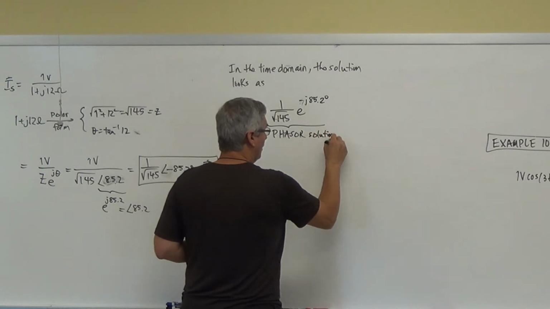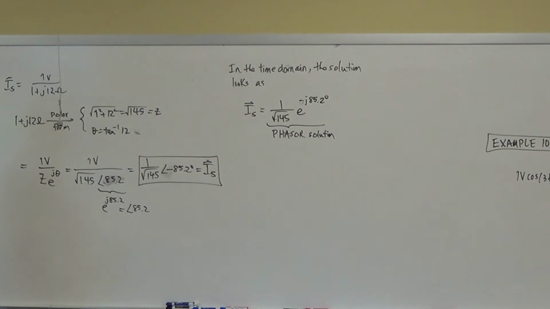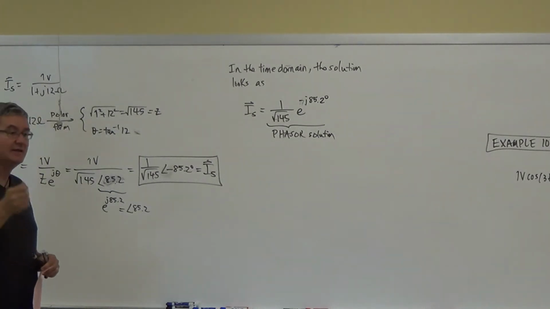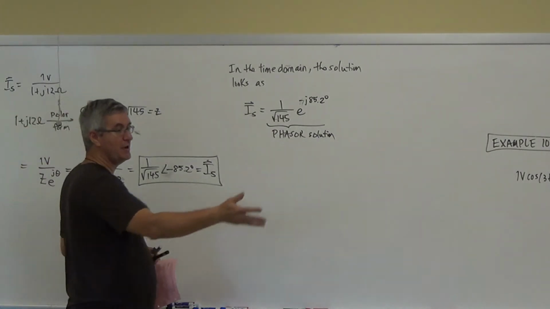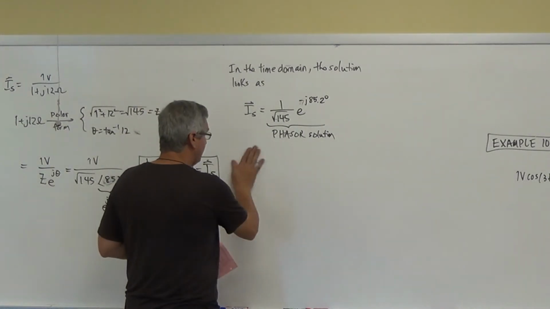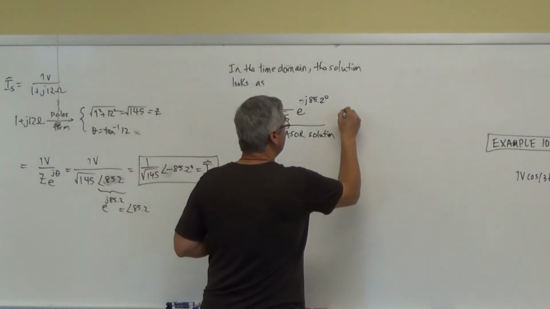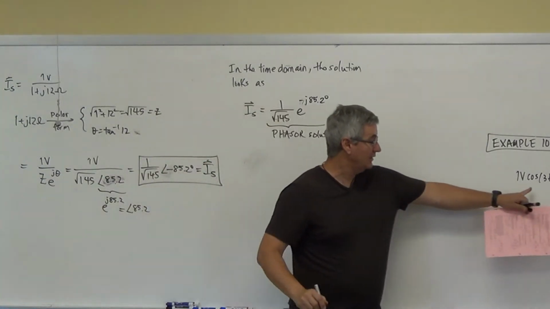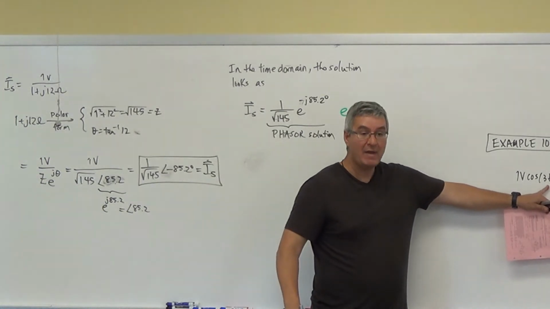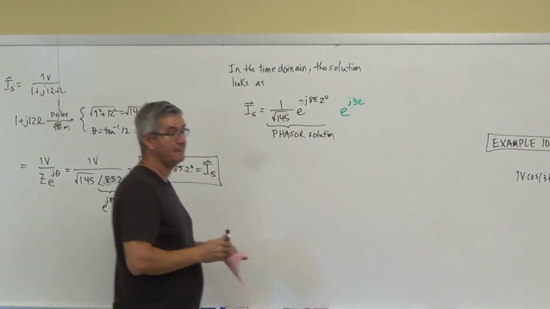But remember, what kept canceling out in the equation? e to the j omega t. So now if I want to transform back, I have to come back in here, and I have to add by hand e to what? j omega t. I have to do this by hand here.